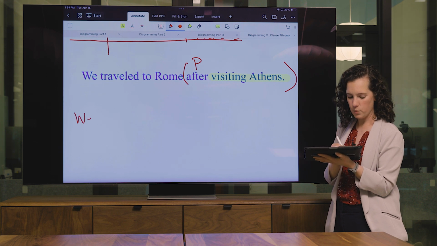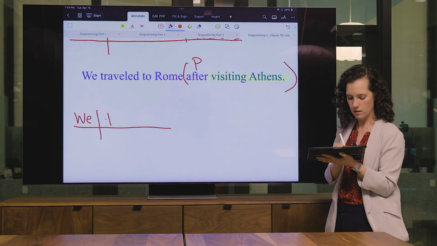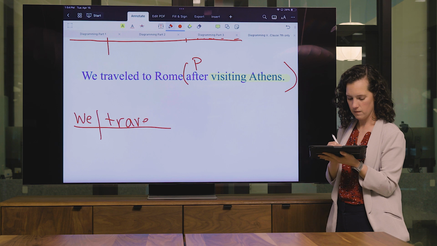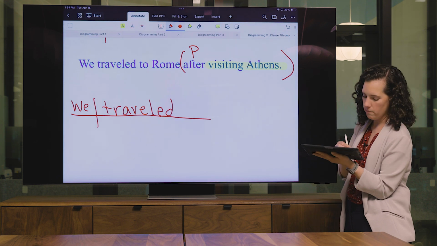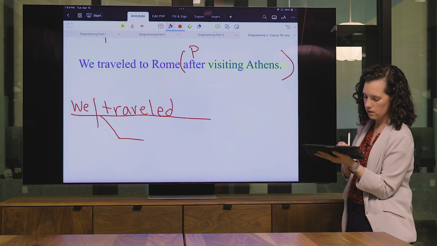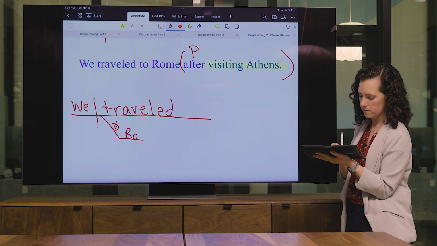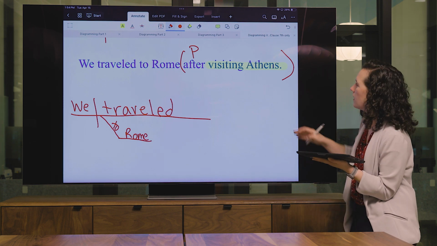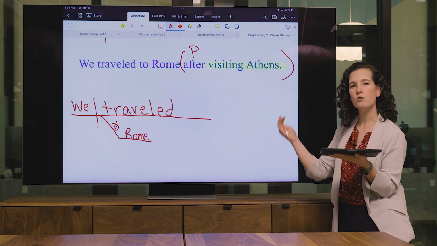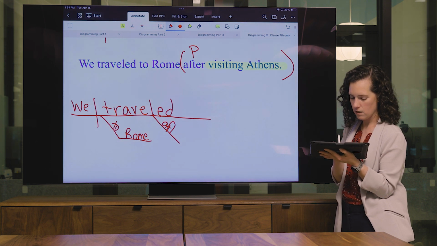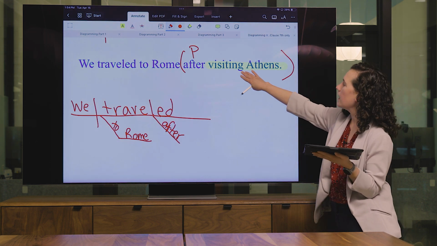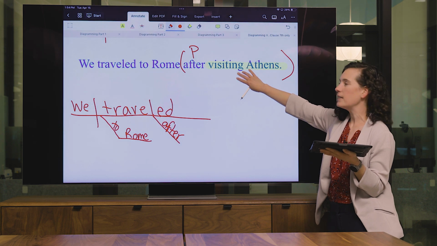Our sentence begins with we traveled. And then we have to Rome, telling us where we traveled. And after visiting Athens tells us when we traveled. And visiting is a gerund phrase again.